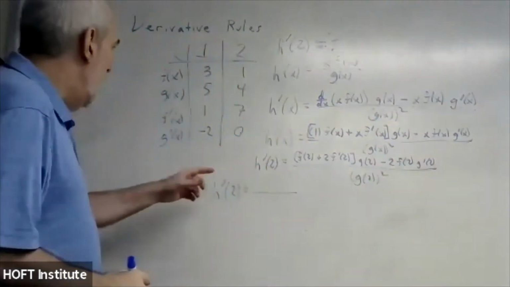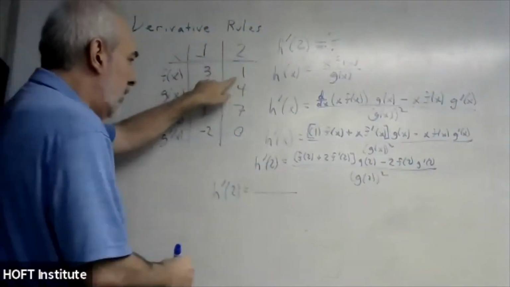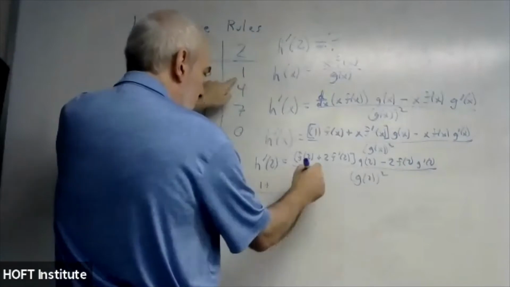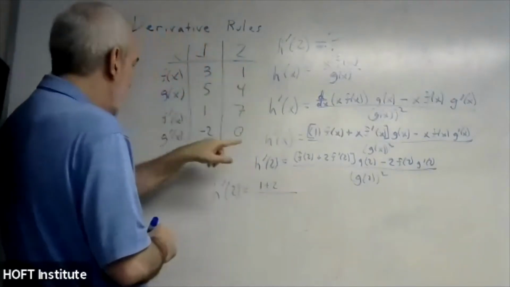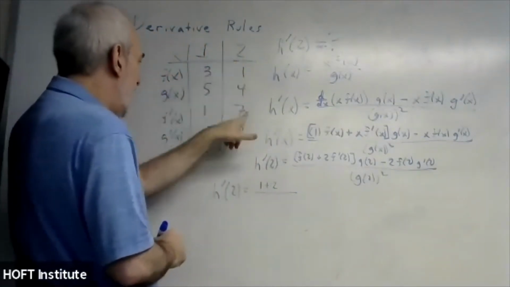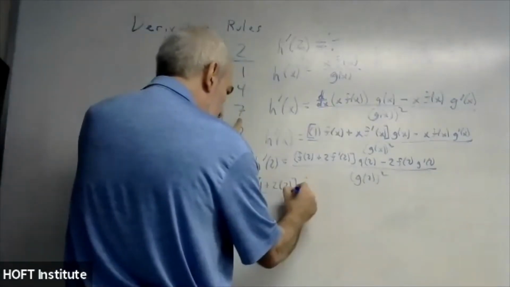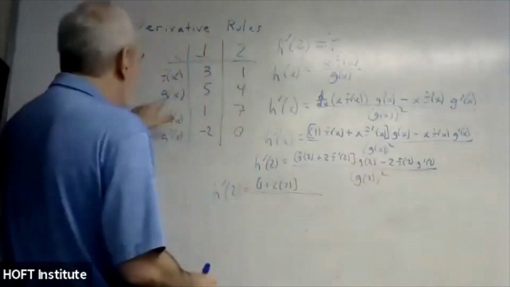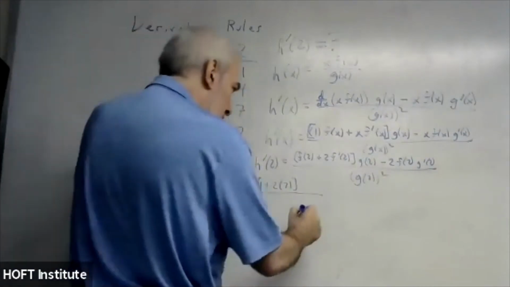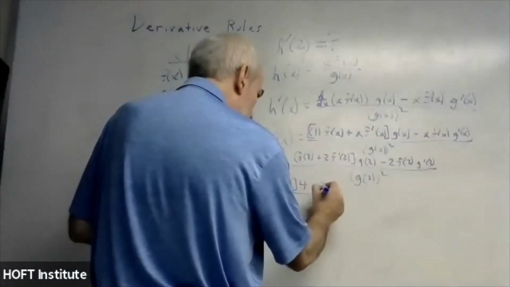Okay, f of 2 is 1. And then the derivative of f at 2 is 7. Okay, g of 2 is 4.